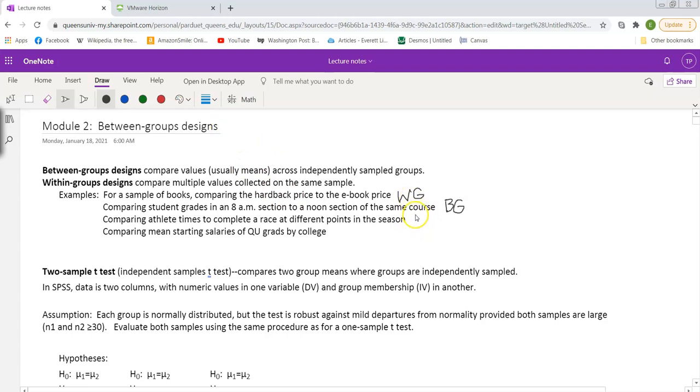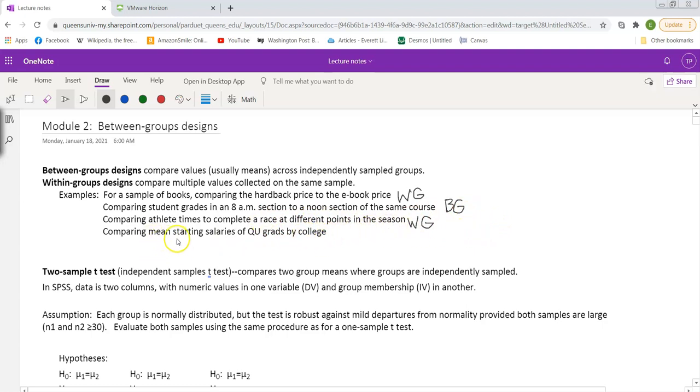Third example, comparing the athlete times to complete a race at different points in the season. So maybe at the beginning of the season, midway through, and then at the end of the season. So that's going to be within groups, because again, we've got multiple measures on the same individuals.